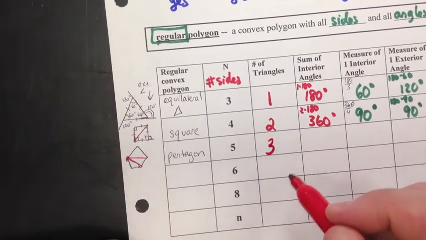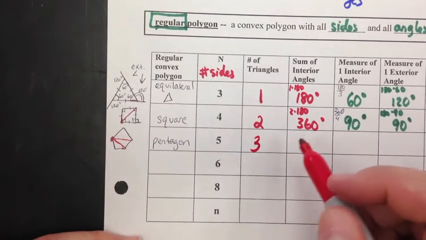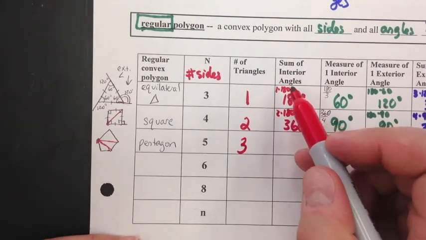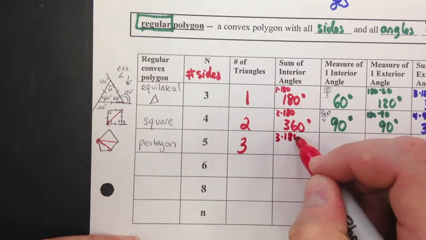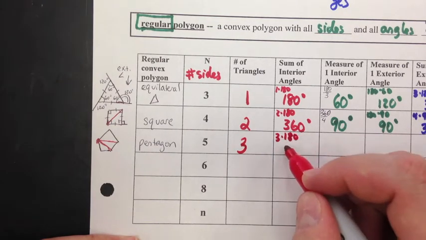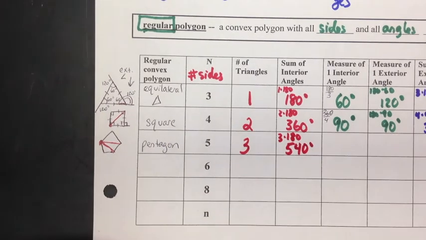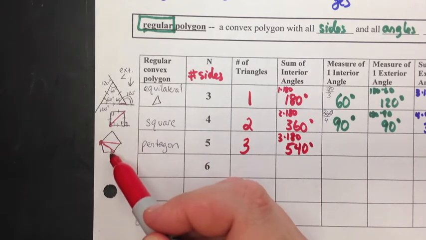I just divided my pentagon into 3 triangles. Now the sum of the interior angles, that's inside, well, if I have 3 triangles and each triangle is worth 180, 3 times 180, which is 540 degrees, that's the total. That's all 5 angles together.